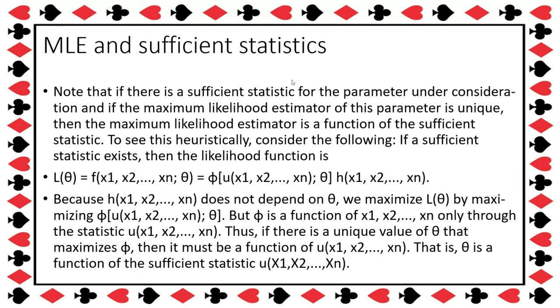If the maximum likelihood estimator is unique, then the maximum likelihood estimator is a function of the sufficient statistics. This is from the definition of sufficient statistics. We realize it has an underlying connection, right? The way we identify sufficient statistics is by factoring the maximum likelihood function.